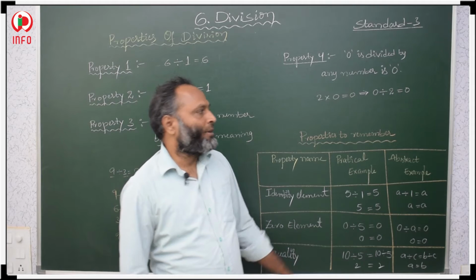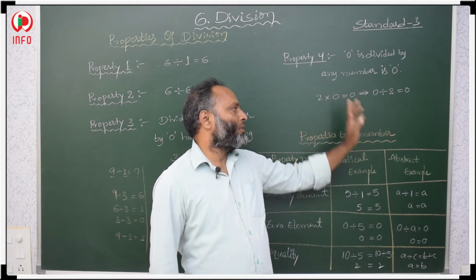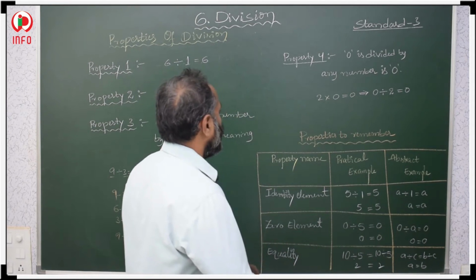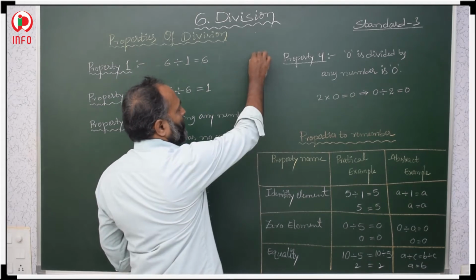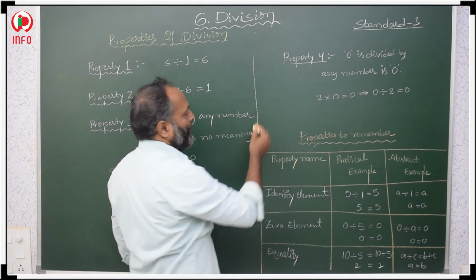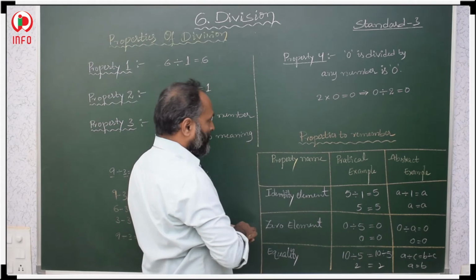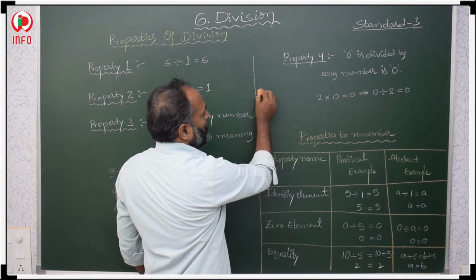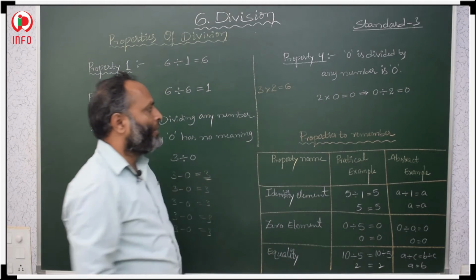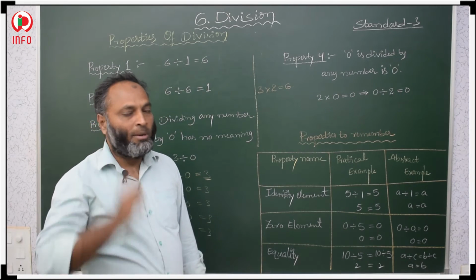First, the multiplication fact: 2 into 0 is 0. Like that, what are the division facts? We applied multiplication facts like 3 twos are 6. So, this is a multiplication fact.